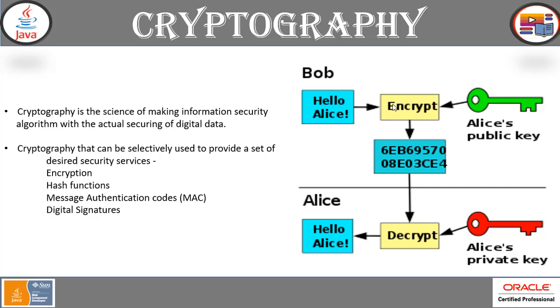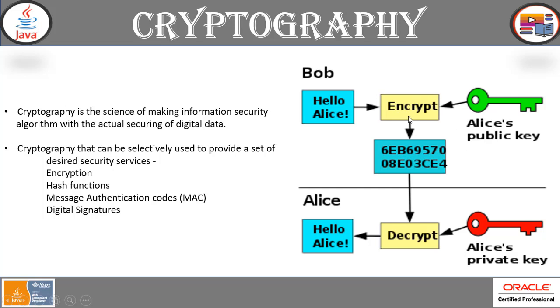So in simple words, we have a person called Bob. He is texting, messaging, or communicating with his friend called Alice. Now he is sending a message. Because of cryptography, that message is going to be encrypted, or put in a different format that a machine can interpret, and a public key is provided.